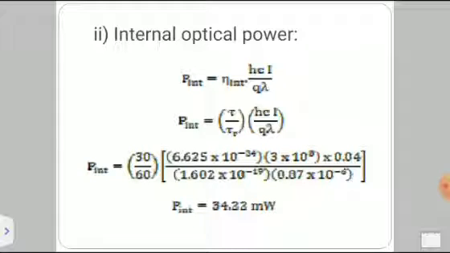Substituting these values, tau is 30 nanoseconds and tau r is 60 nanoseconds. After calculating, P internal would be 34.32 milliwatts.